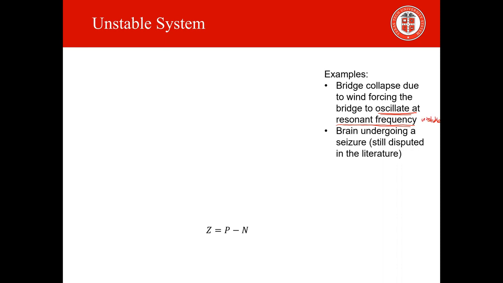There's a similar kind of theory, or maybe a better word is hypothesis, that physicians believe: when the brain undergoes a seizure, there are some that believe this is like the brain experiencing an instability.